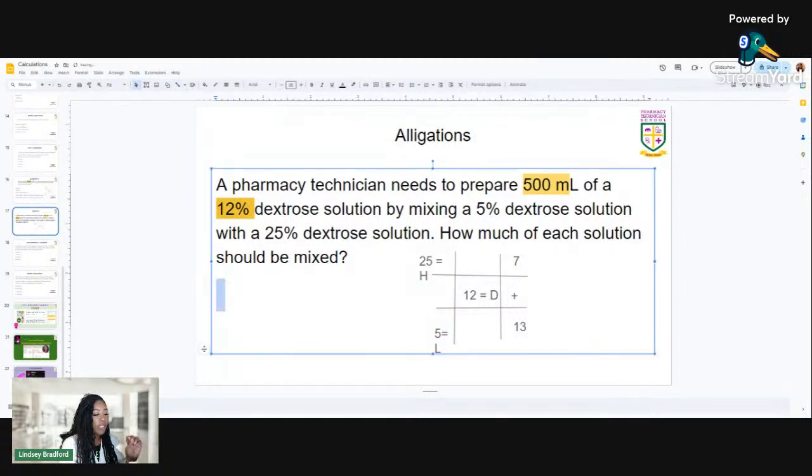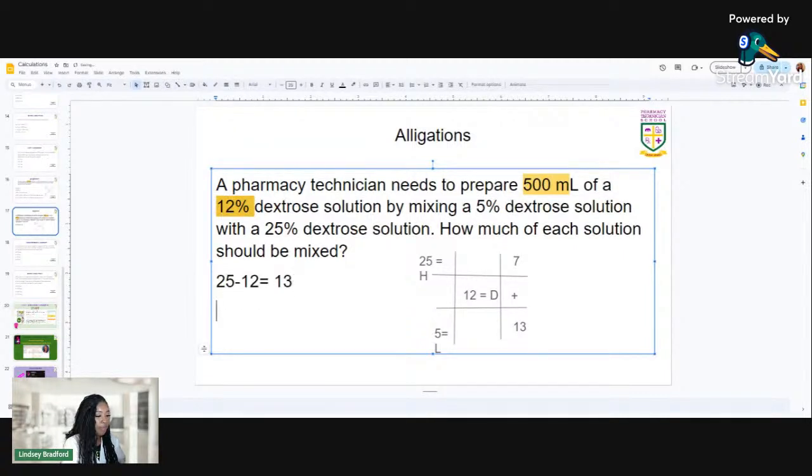So what we did was 25 minus 12 equals 13. And then we did 12 minus 5, which equals 7. Making sense? Okay.